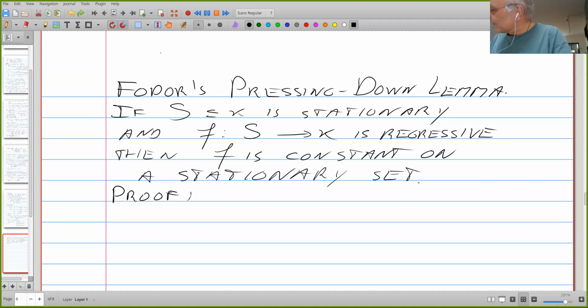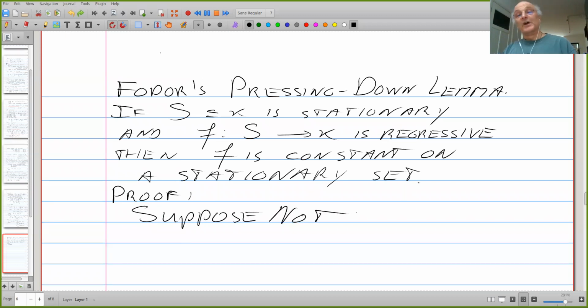Well, if you're an intuitionist, look away now, because suppose not. We are not going to construct the constant value that we are looking for. We are simply asserting that if there isn't one, then we get a contradiction.